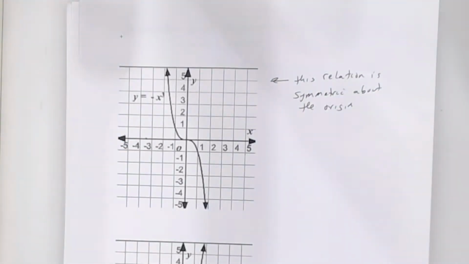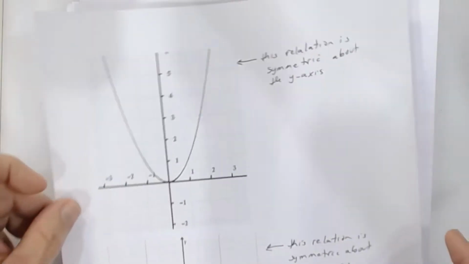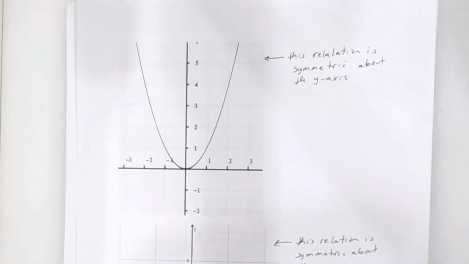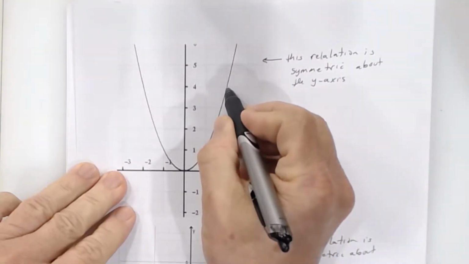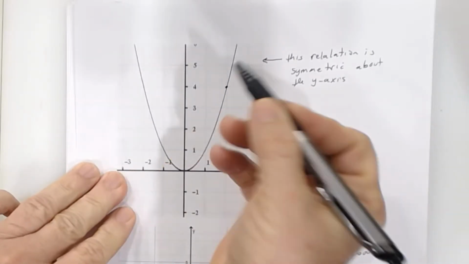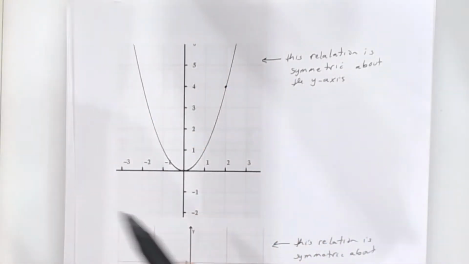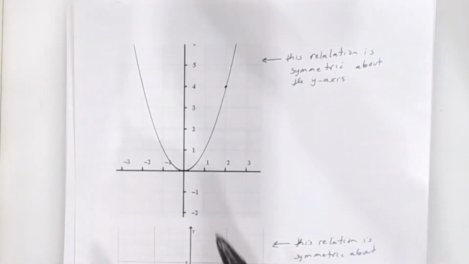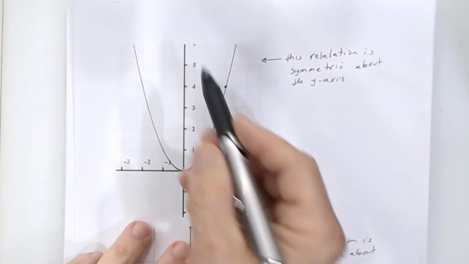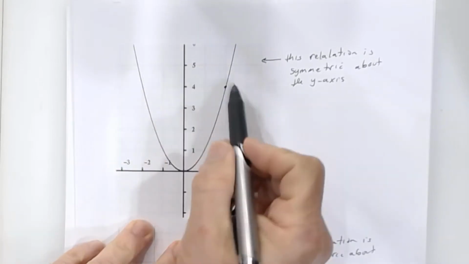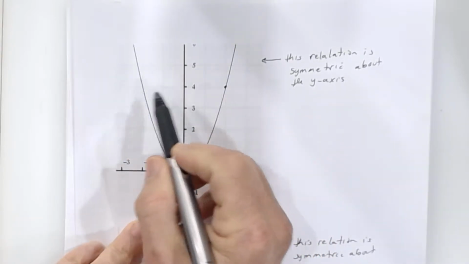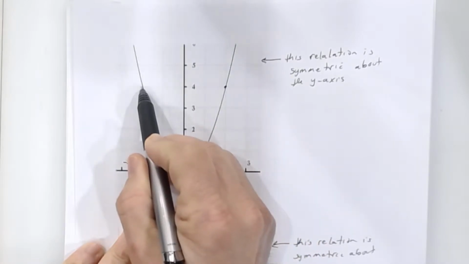Now, when I go back to the very first one we did earlier, we said this was symmetric about the y-axis. So if I take a point, let's say this point right here, and I reflect it about the y-axis, you've got to visualize this. I don't have the transparency here. Do you see how I get this point right here?